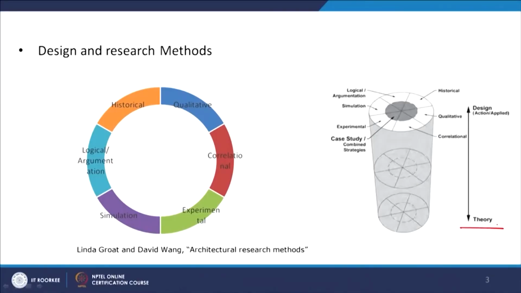Design is more applied, and research is more theory based. So the same techniques can be research related or design related. When it is theory, it becomes research, and when it is more action or applied, it goes towards the design method.